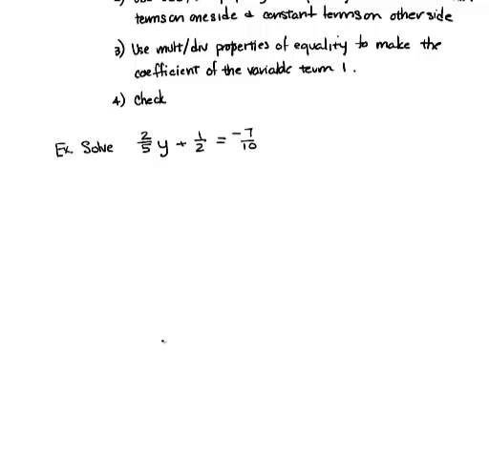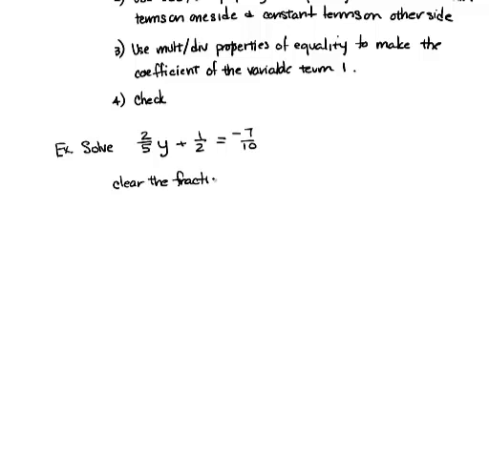If we look at our equation here, we don't have any parentheses, so we don't have to do any kind of distribution. But we do have fractions, so what we want to do is clear the fractions.